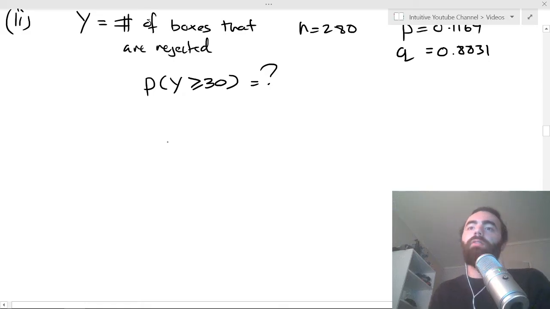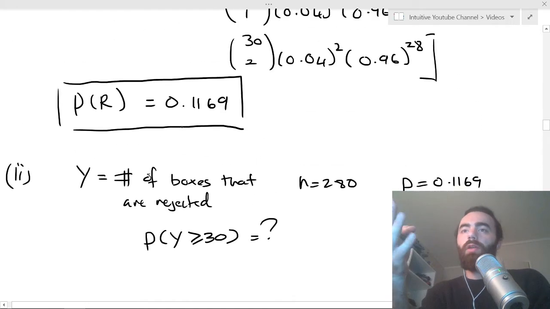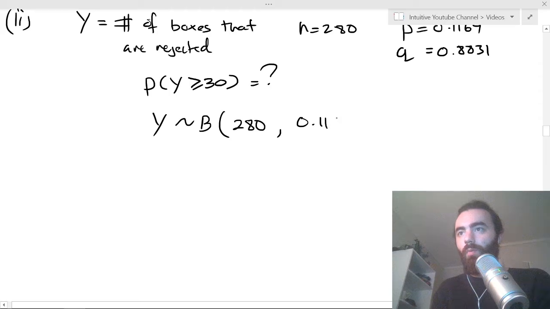Well, it'll be pretty hard to find if we were to do it using the binomial formula. But this is a binomial, so we use an approximation, right? We're going to approximate with the normal distribution. We have this binomial distribution with 280 as our n, and our probability of success is 0.1169.